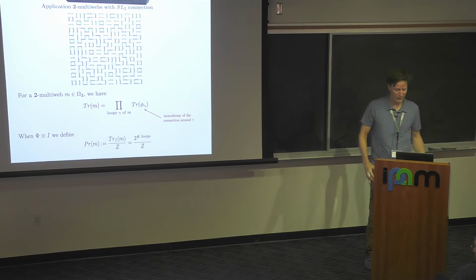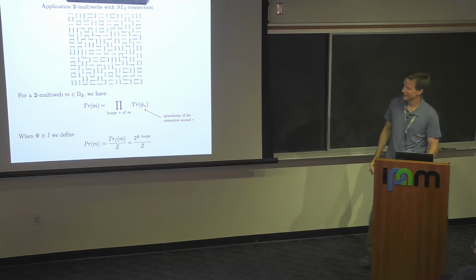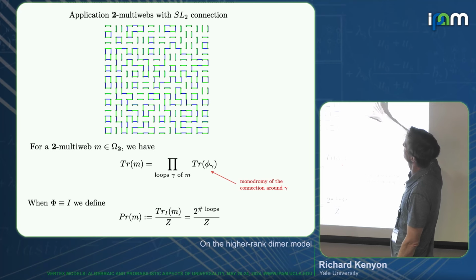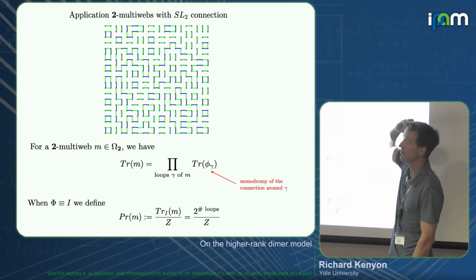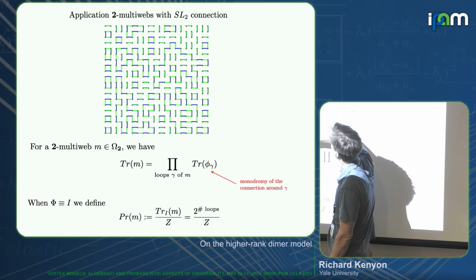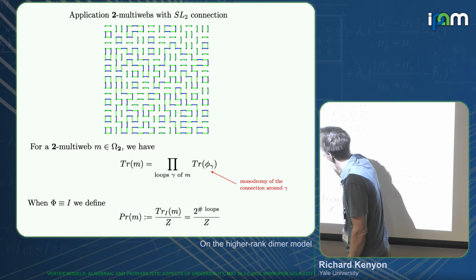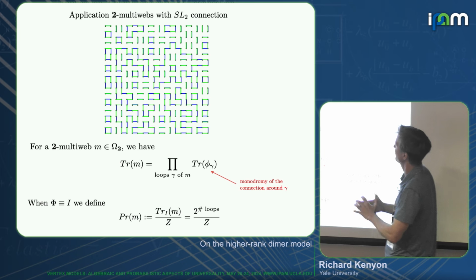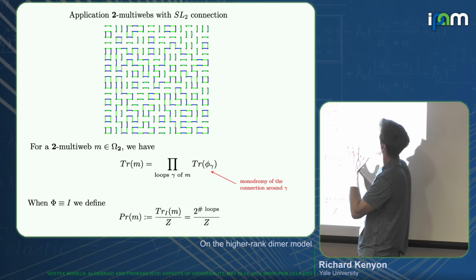I think I have some time to talk about this. So here's the first application, to SL2 connections. Now we're going to talk about 2 multiwebs. Every vertex has dimension 2, and of course, a 2 multiweb is the same thing as a double dimer cover.